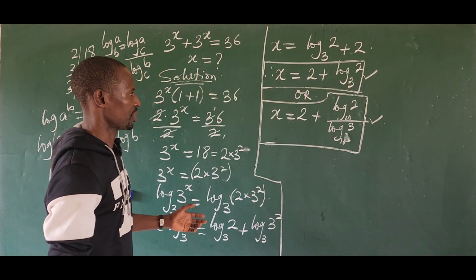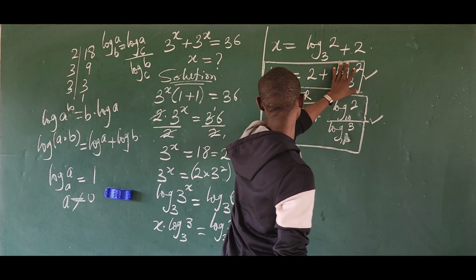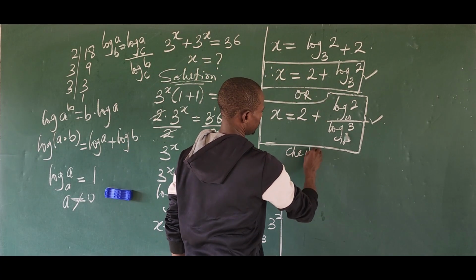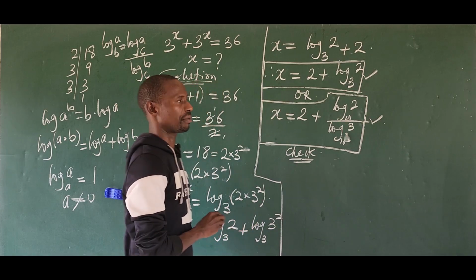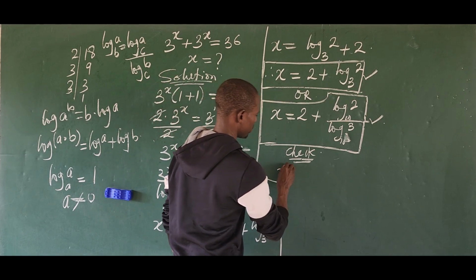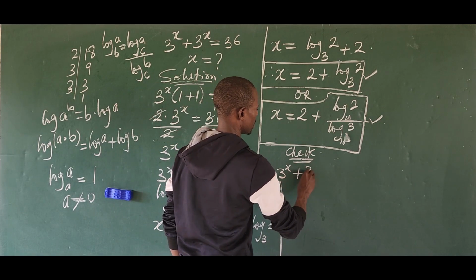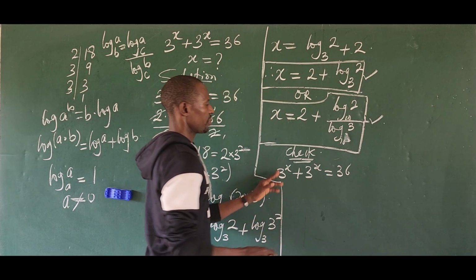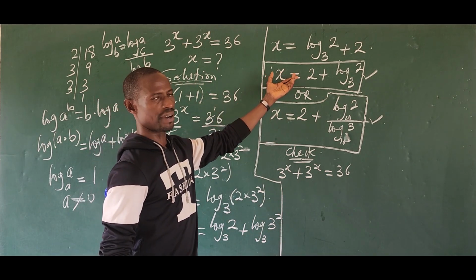But let's do a simple check to this. We want to put the whole of these into this expression here. So let's take our check, to see if the answer we got is actually correct. We have 3 to the power of x plus 3 to the power of x equals 36. Wherever we see x, let's put in this value there.